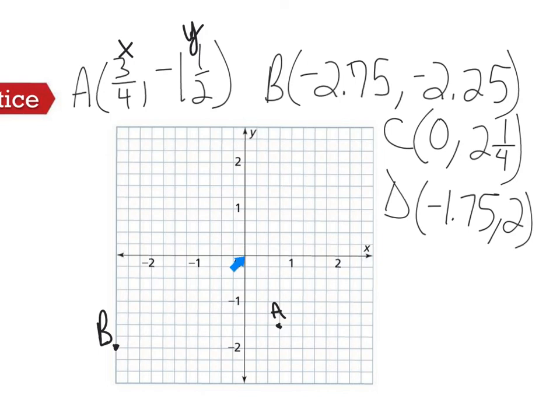Then 0, 2 1/4 for C. We start at 0, go up 2 plus another fourth, and that would be point C. And then D, we're at -1.75, so -1, -1.25, -1.5, -1.75, and up to 2 would put us right there. That would be point D. So this gives you an idea of how to represent rational numbers on the coordinate plane.